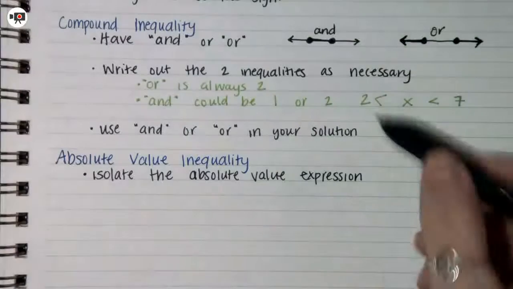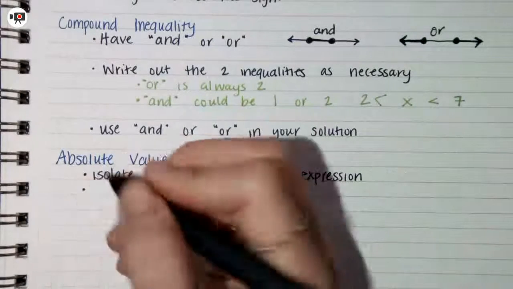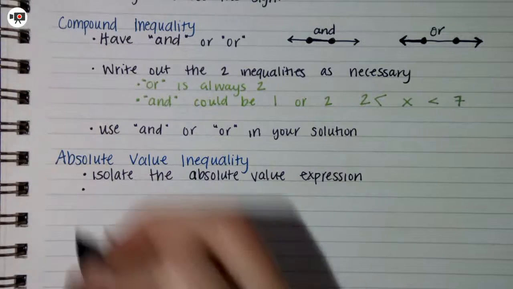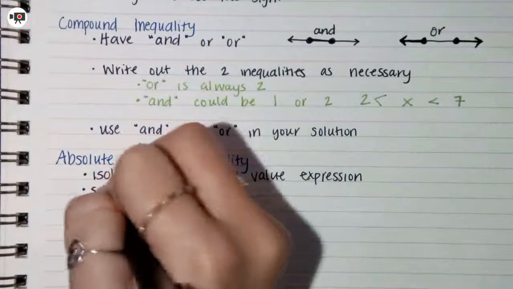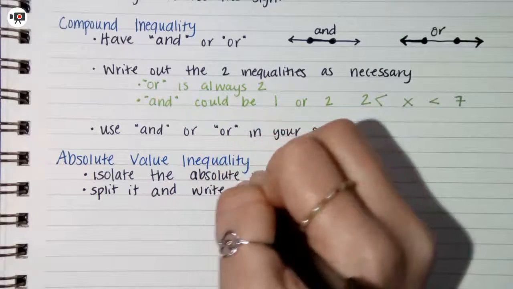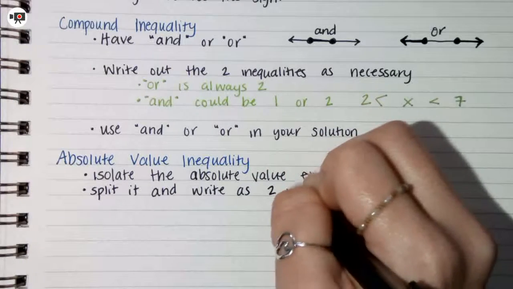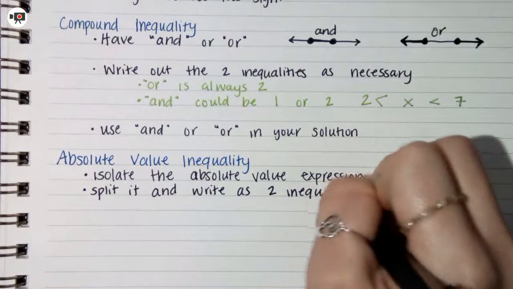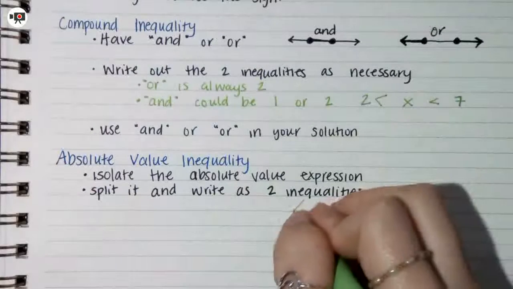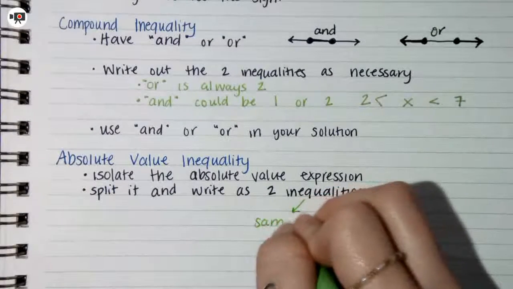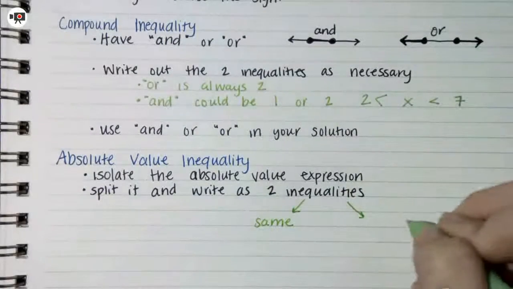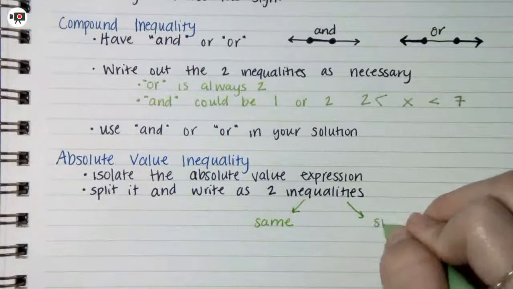Then you will write it as a compound inequality, meaning you split it and write it as 2. That means 1 stays the same, but no absolute values, and 1 is the same, but you switch the sign.